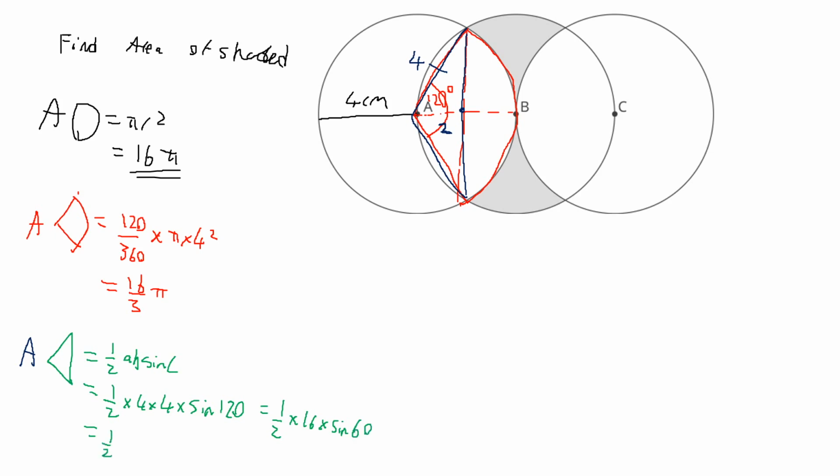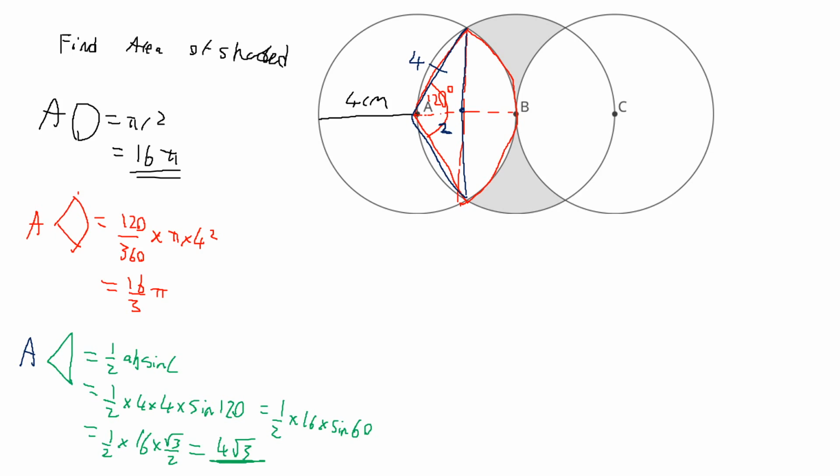So it's a half times 16 times root 3 over 2. And so we're left with an answer of 4 root 3, okay?